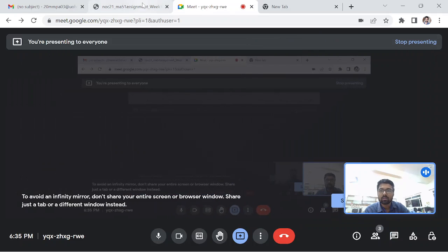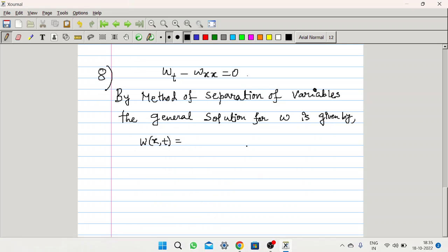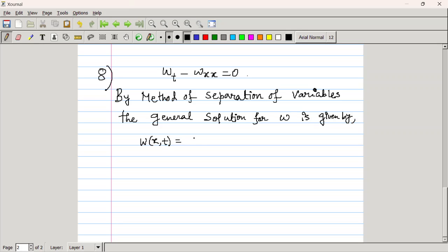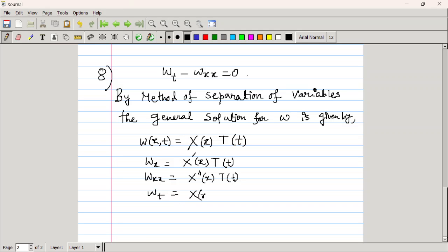No problem. Actually, using the method of separation of variables means you take w(x, t) as a function of x times a function of t. Now you put it in this equation. w_x is X'(x) T(t), just differentiation with respect to x. w_xx is X''(x) T(t). And w_t is X(x) T'(t), because I am differentiating with respect to t.